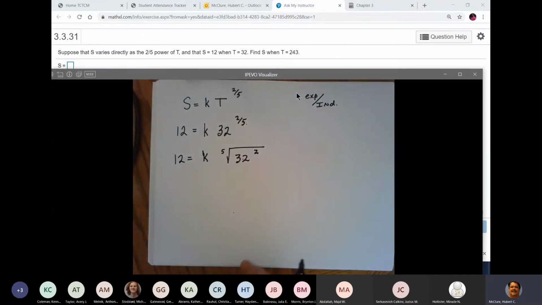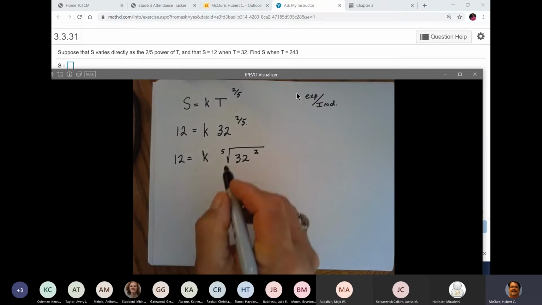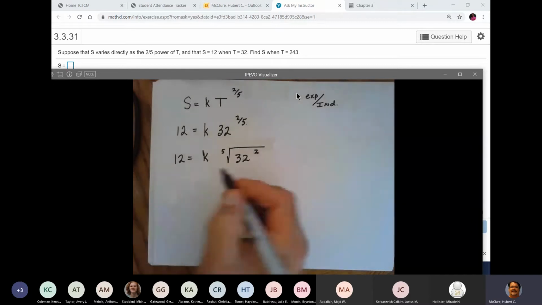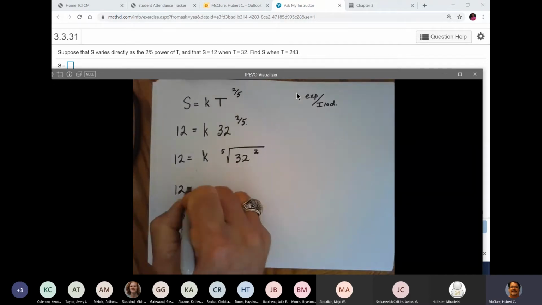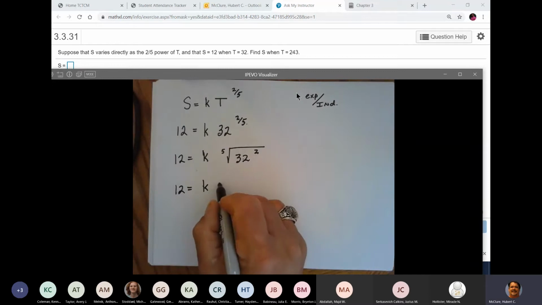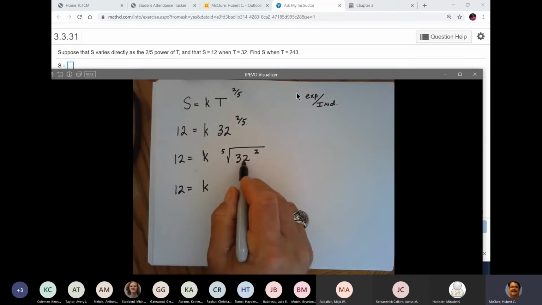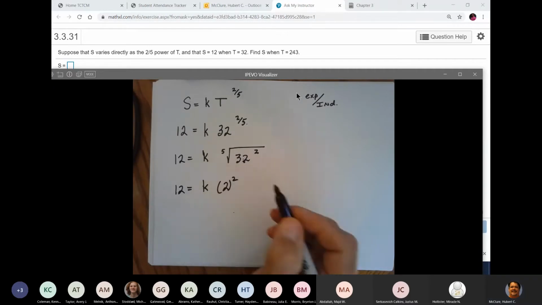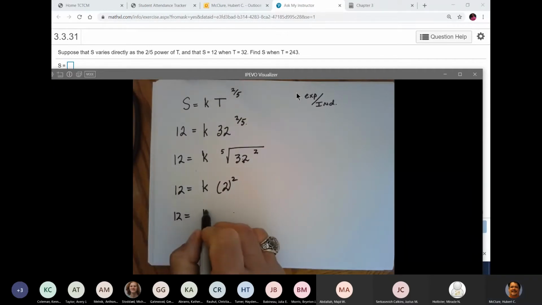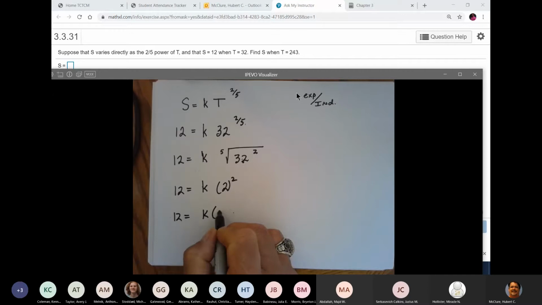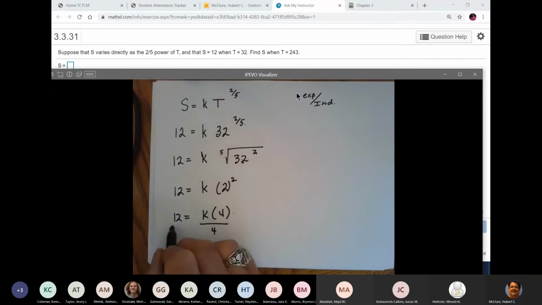Now you don't have to do this, but if you don't remember this very well, then you might want to go back to the basics. The fifth root of 32 is 2, so that's going to be 12 is equal to K times 2, and 2 squared is what? 4. Divide by 4.